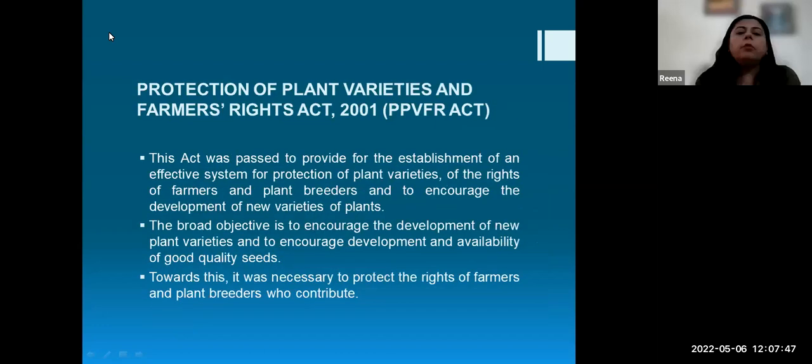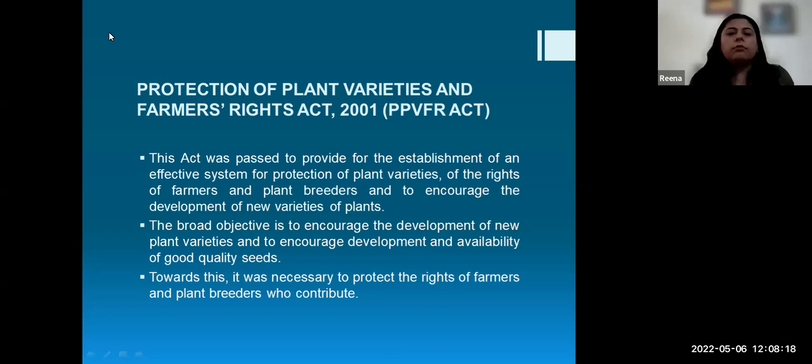Okay, so the Protection of Plant Varieties and Farmers' Right Act came up in 2001, and it was passed to provide for the establishment of an effective system for protection of plant varieties. It also ensured that farmers' rights and plant breeders' rights are protected, and it encourages the development of new varieties of plants under a specific setup of regulations.